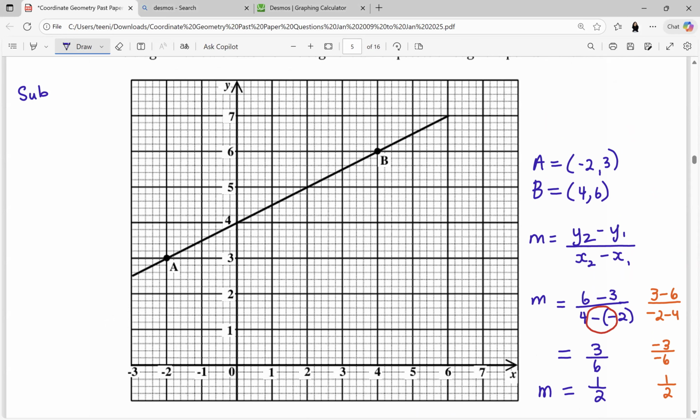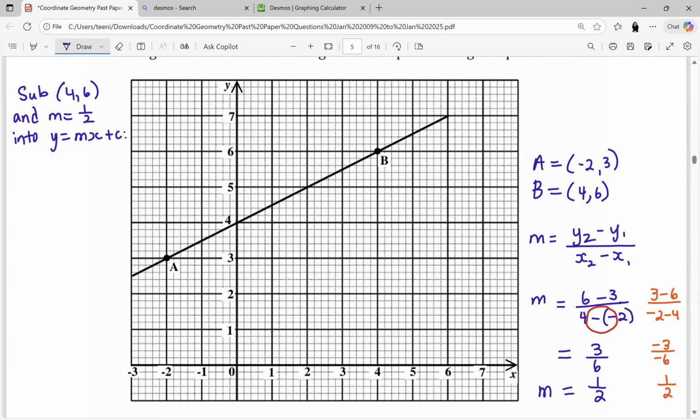To determine the equation of a line, you will substitute a point on the line. I'm going to use B because I just want to use positive numbers. So substitute 4, 6, and m is equal to a half into y is equal to mx plus c. We're doing this so that we could figure out what c is to be able to rewrite the equation of the line.